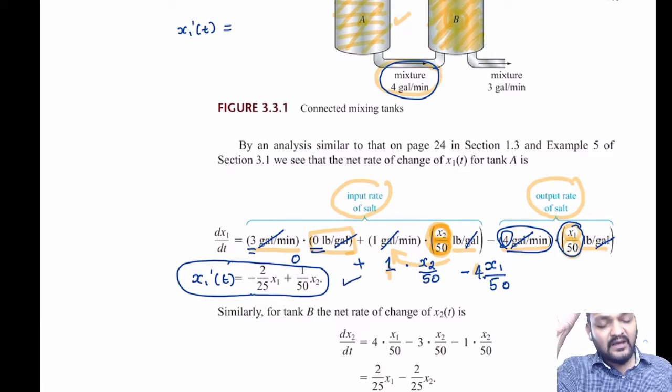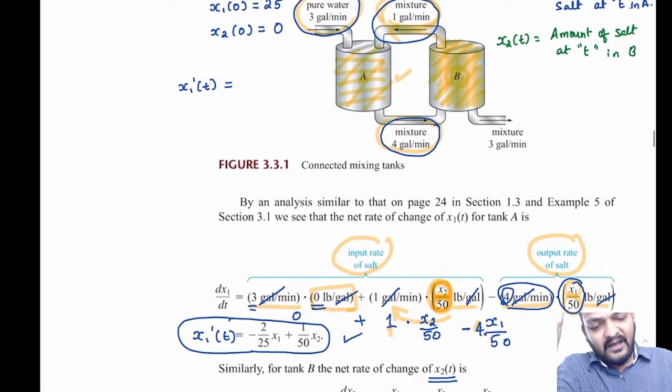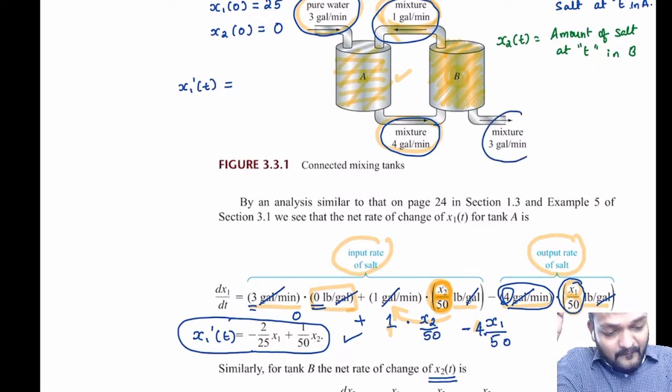And similarly, if I repeat the same process for the x2, as you see here, x2 as it relates to tank B is losing here and here, and it is gaining through here.